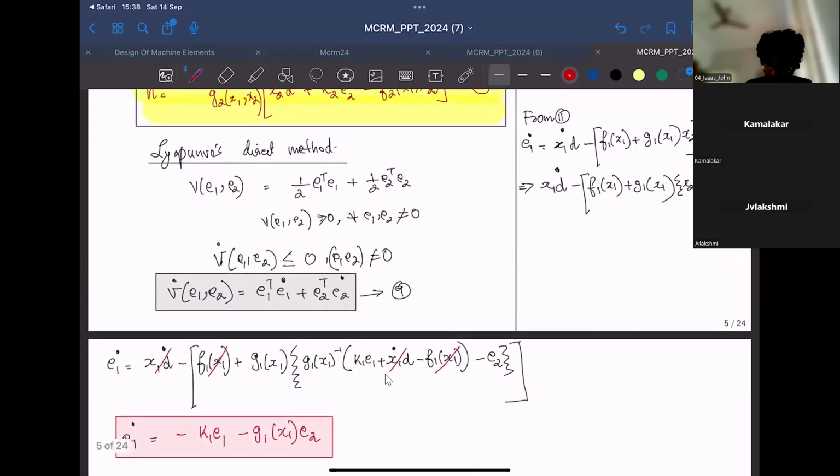So far, from this equation, we have found E1 dot.